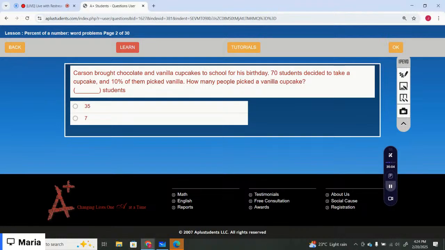Carson brought chocolate and vanilla cupcakes to school for his birthday. 70 students decided to take a cupcake and 10% of them picked vanilla. How many people picked a vanilla cupcake?